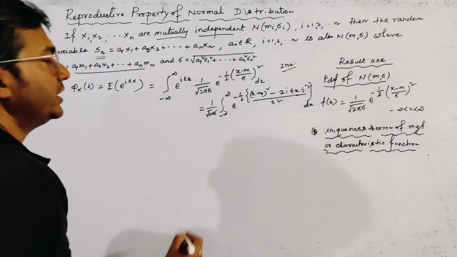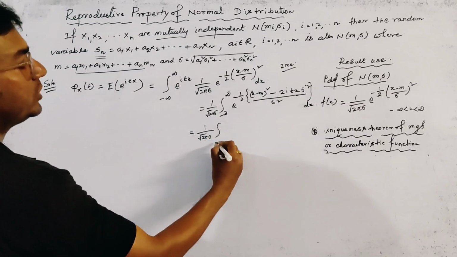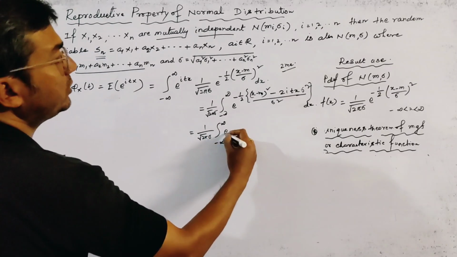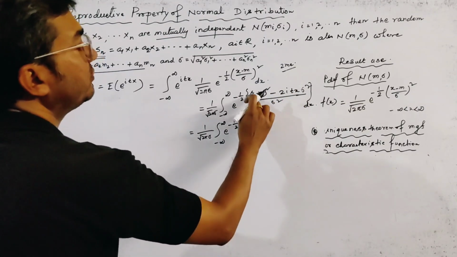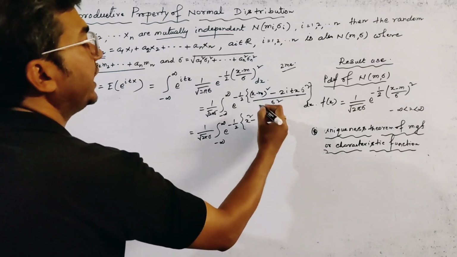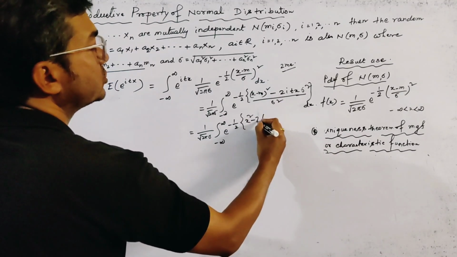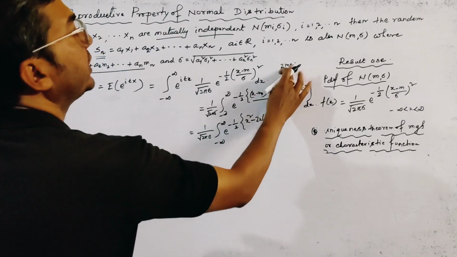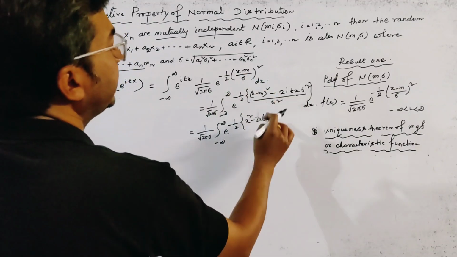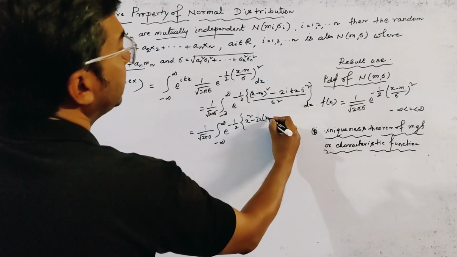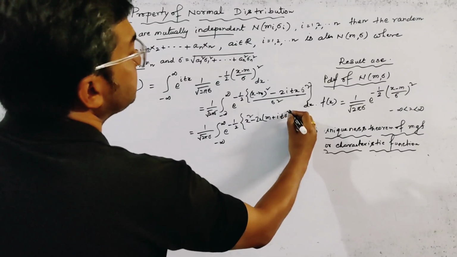Now this is written as 1 by root 2 pi sigma into the integral from minus infinity to infinity of e to the power minus half into, if we expand this, first the x square term, then we get x into 2 times, because 2x is here, from here we get 2 m x, so we write 2x into m, and from here we get plus i t sigma square.